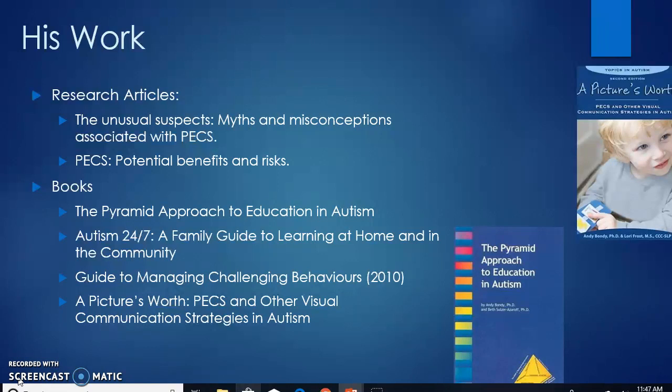Myth number 4: PECS can only be used for individuals with autism, when in reality PECS can be beneficial to individuals with developmental disabilities and multiple disabilities. It can also help individuals with conditions such as cerebral palsy, deafness, and blindness.